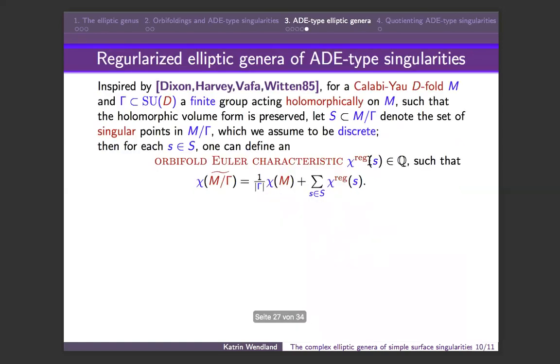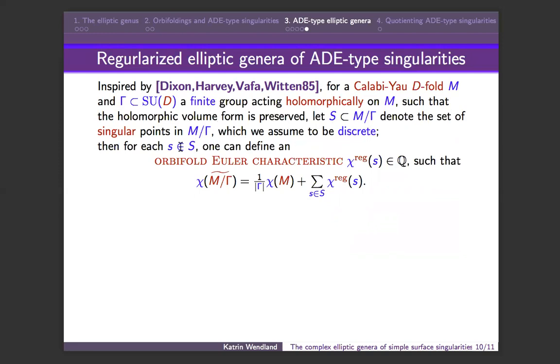So we do have to regularize in order to make sense of things, but that also can be done. And again, we're taking inspiration from the string theory literature, for instance, the early paper by Dixon, Harvey, Vafa, and Witten, where they come up with the idea of defining orbifold Euler characteristics. And remember, we're using the Euler characteristic and refining it to get to the elliptic genus. So this is a good starting point. What they do is they have a Calabi-Yau orbifold and a group gamma acting as before. Now I'm assuming that the singularities actually come as a discrete set of points for the formula here to make sense.